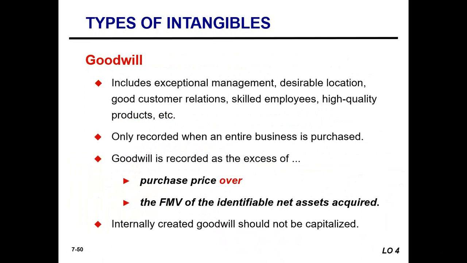We can't record internally created goodwill. It's not amortized because it's considered to have an indefinite life. But at some point, it will become impaired because, let's say you bought my company, the name Hudson Business Service 20 years from now will not hold the meaning that it holds today.